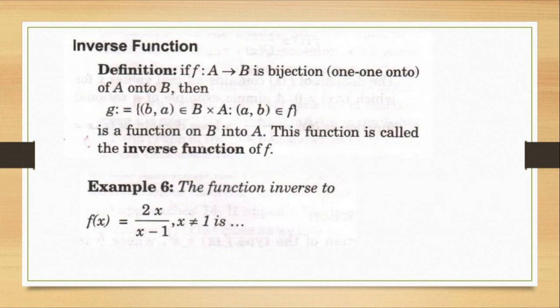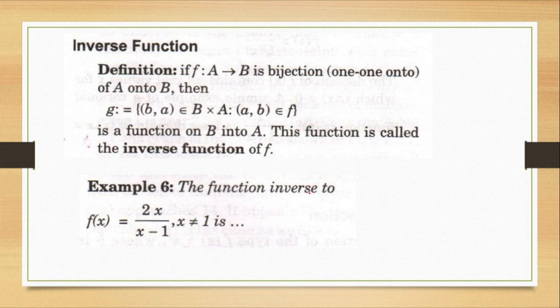Inverse function: if f: A to B is bijective, one-one and onto, of A onto B, then g, the set of ordered pairs (b, a) belonging to B cross A, with (a, b) belonging to f, is a function on B into A. This function is called the inverse function of f.